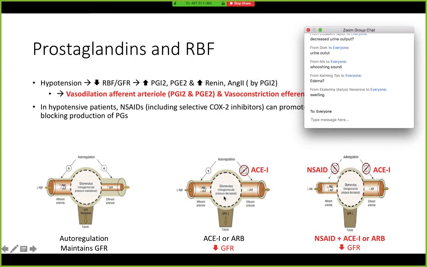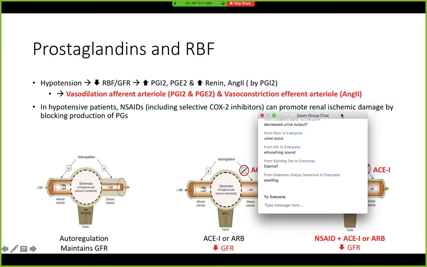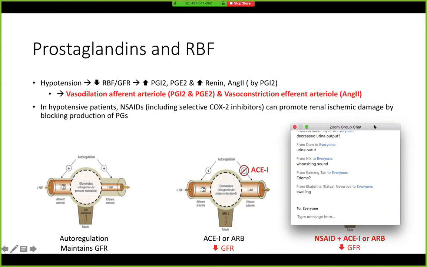Okay, so we talked about adding an ACE inhibitor, but now he's talking about the fact that ACE inhibitors and NSAIDs used together are a bad idea. And okay, so let's just walk through this.